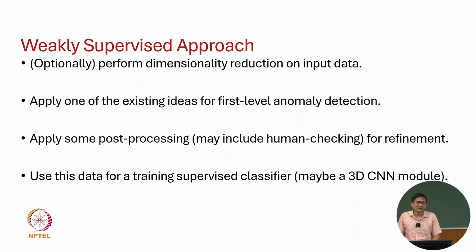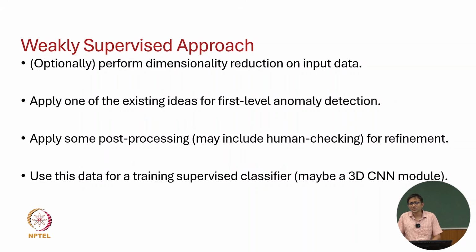Of course, you will have to adjust your algorithm in such a way that you are more prone to detect false alarms and you are not prone to miss out on the anomalies. Now what one can do is, with this refined data, one can now train a supervised classifier.